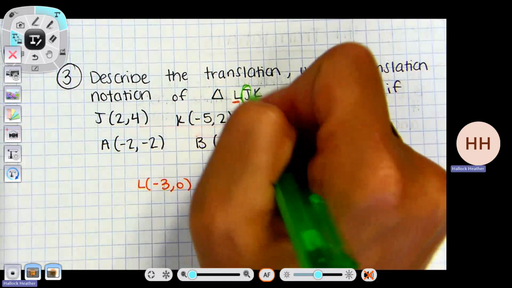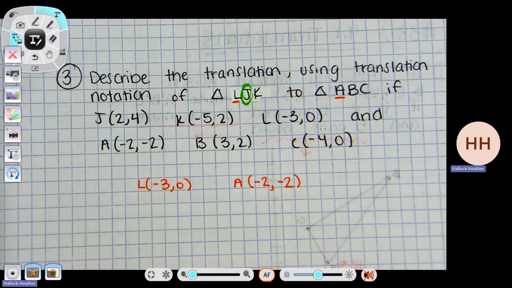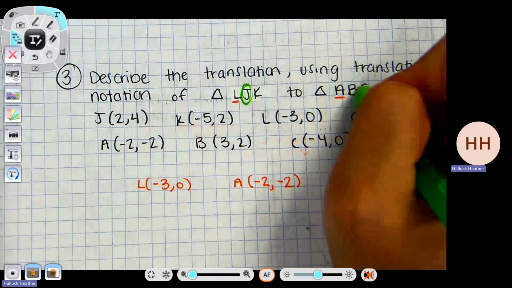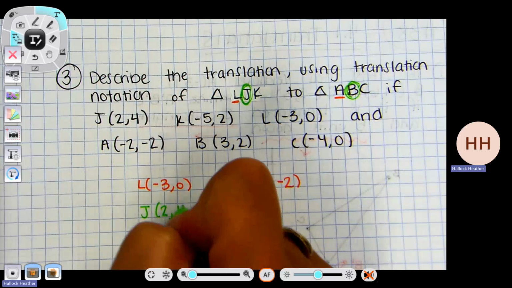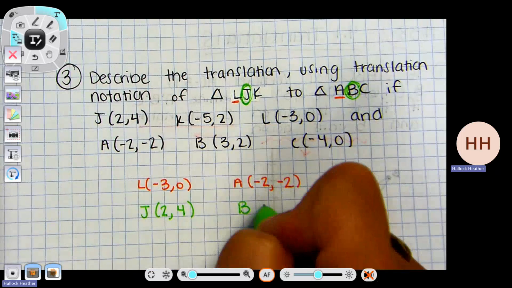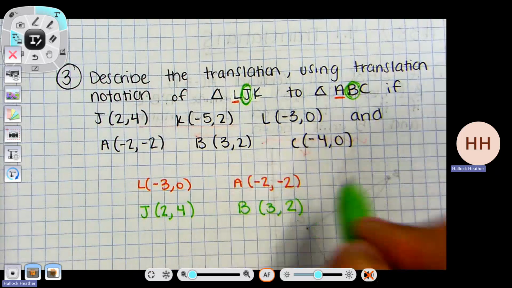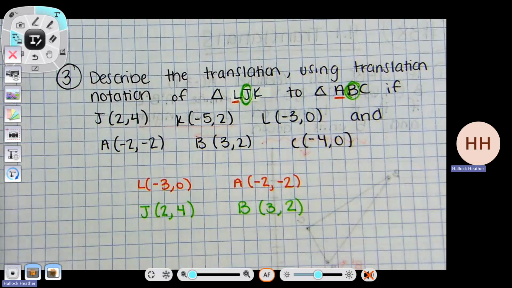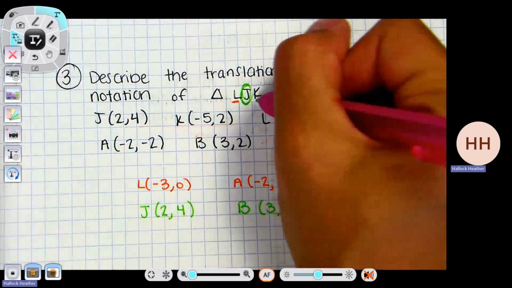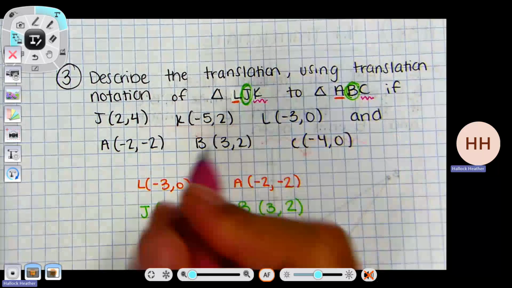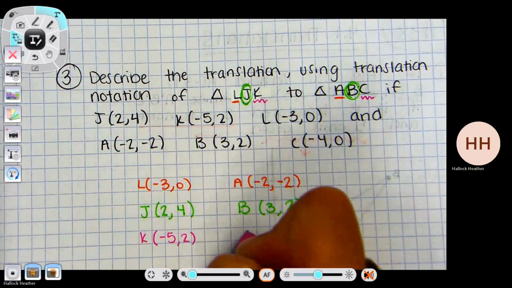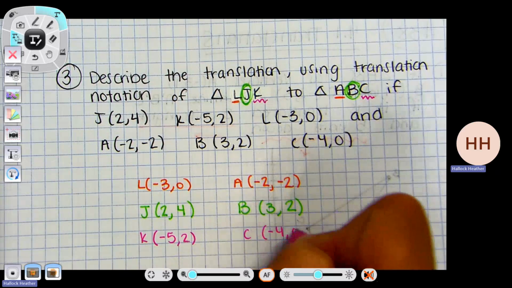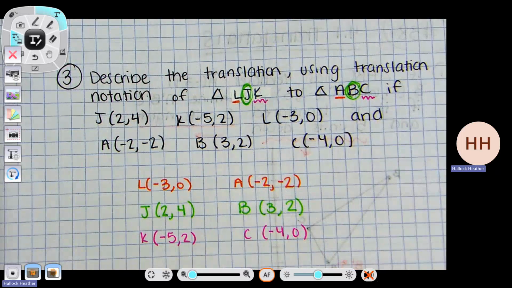J. J technically matches with what in the second triangle? B. So J matches with B. So I'm unscrambling what they said. So 2, 4, B is 3, 2. And then the last letters are K and C. So K is -5, 2, and C is -4, 0. So just because it's scrambled, you may have to unscramble it. These are the letters that you are matching.